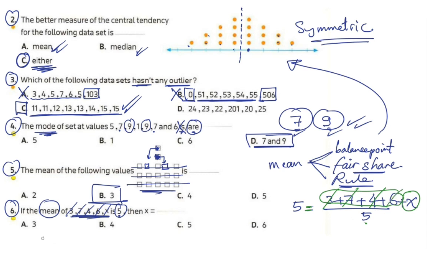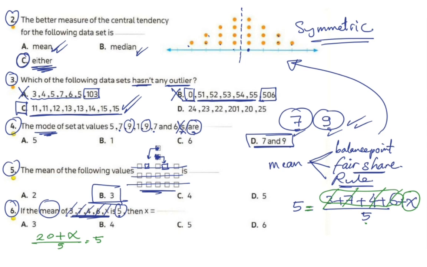So I have 20 plus x over 5 equals 5. It's the same. I just replaced the right side with the left side and the left side with the right side. It's okay because it's an equation.